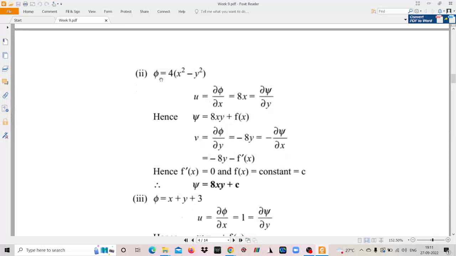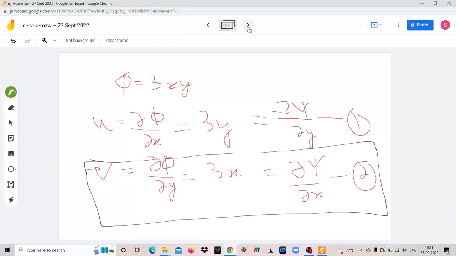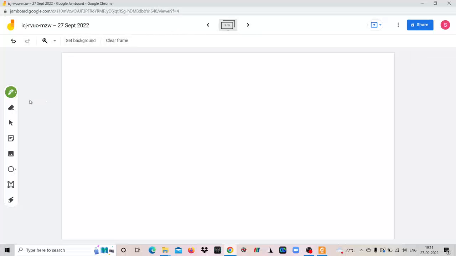Now what is v? V is del phi by del y. Del phi by del y is minus of 8y, which is equal to minus of del psi by del x. So from here, what will be the value of psi? Minus of 8y is equal to minus of del psi by del x.